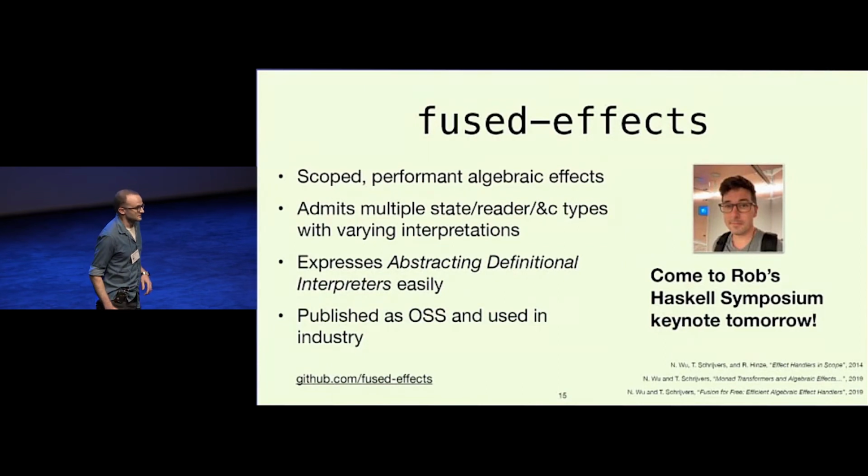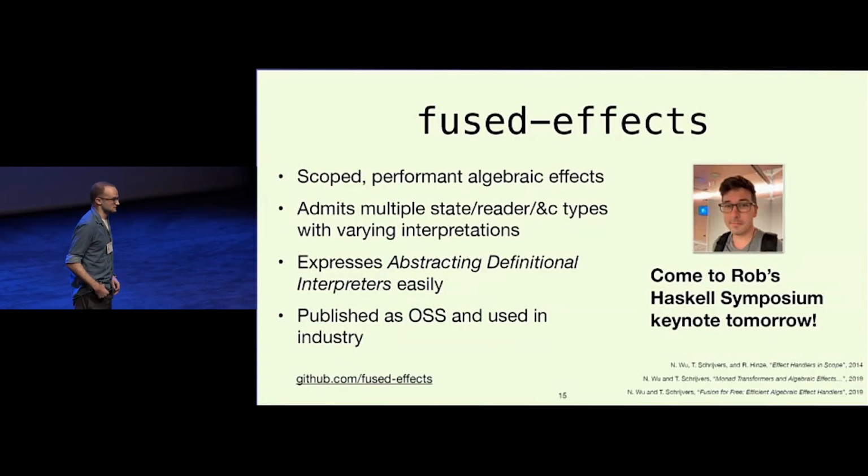To overcome the problems that a traditional MTL view of the world encounters when implementing ADI, we turned again to the literature, mostly the papers of our co-authors, Nick and Tom.